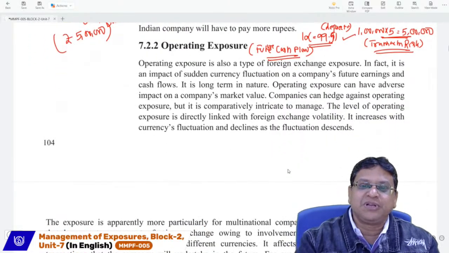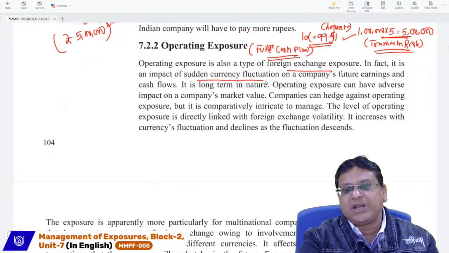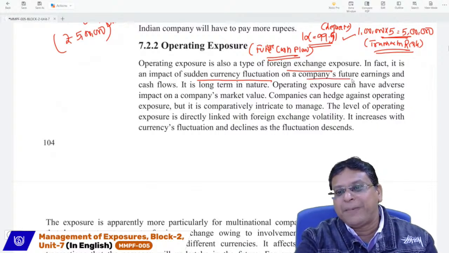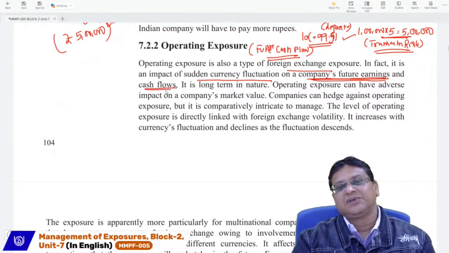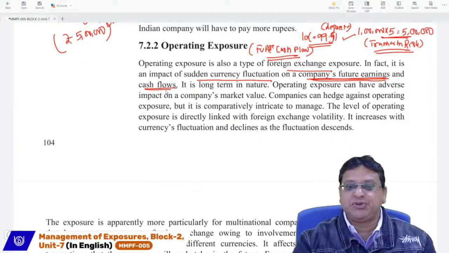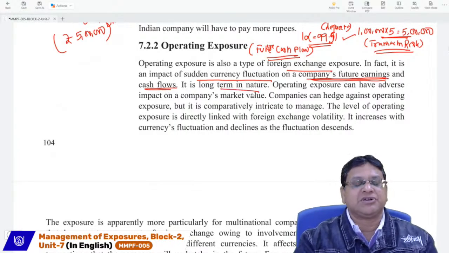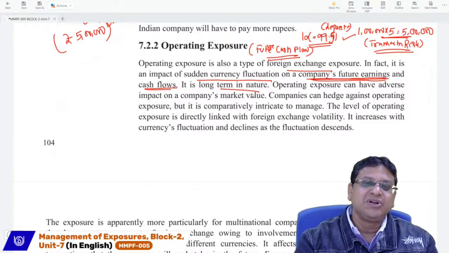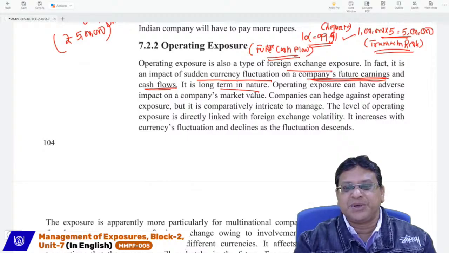It is the impact of sudden currency fluctuation on a company's future earning and future cash flow. As it affects future earning and cash flow, it is long term in nature. Transaction exposure is short term, but operating exposure is long term.